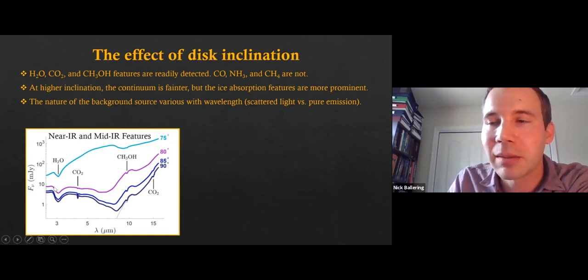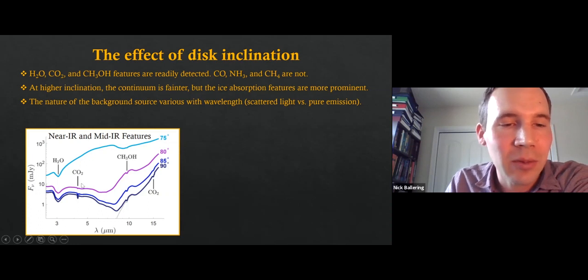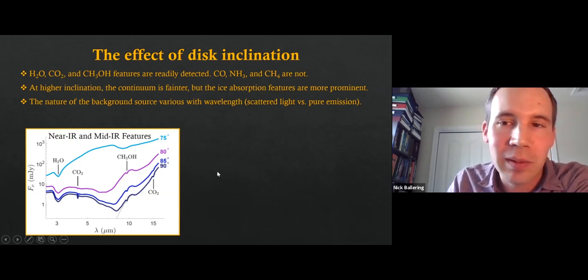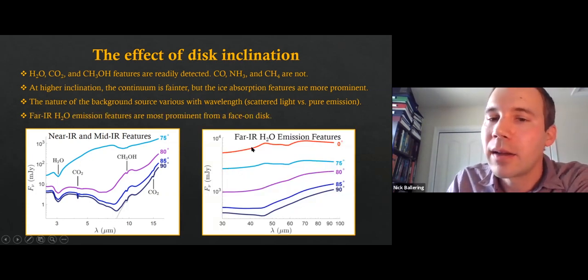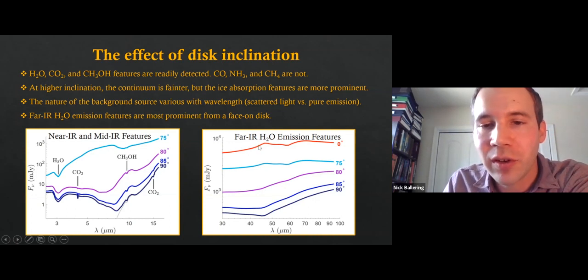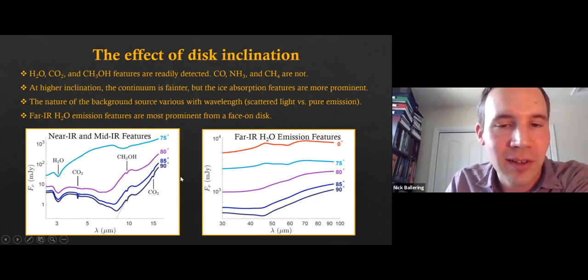That's a very complicating factor in interpreting disk observations. It's one of the important reasons to use radiative transfer to interpret them. In terms of the far IR water ice emission features, we see that the features are much stronger at face-on disks. They get weaker as you go towards edge-on disks.